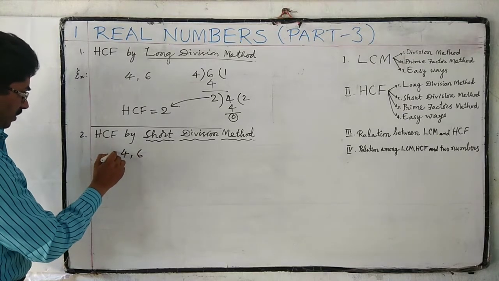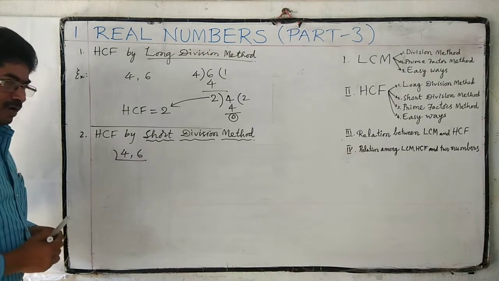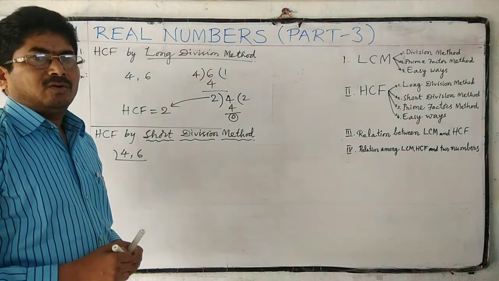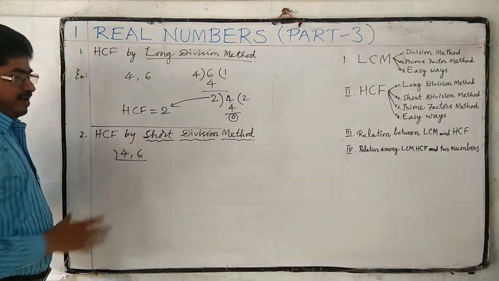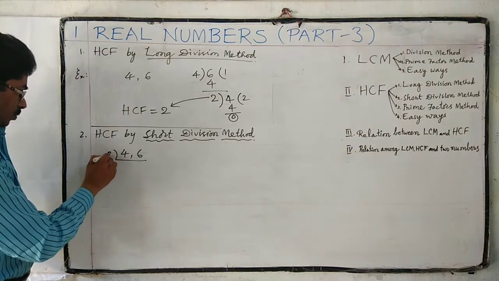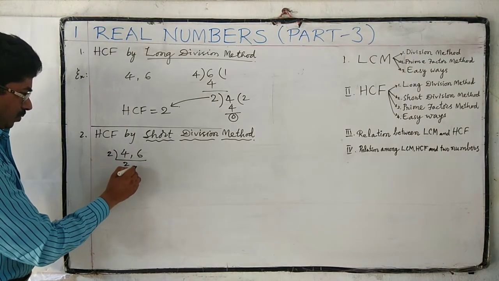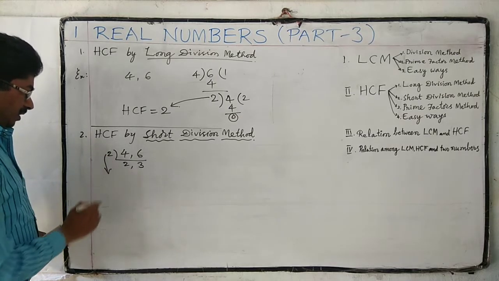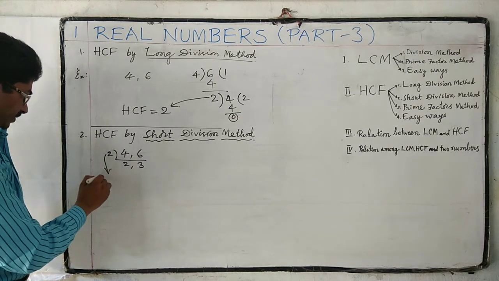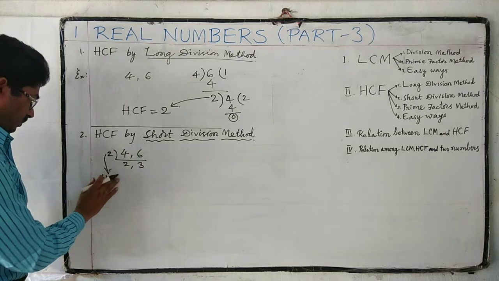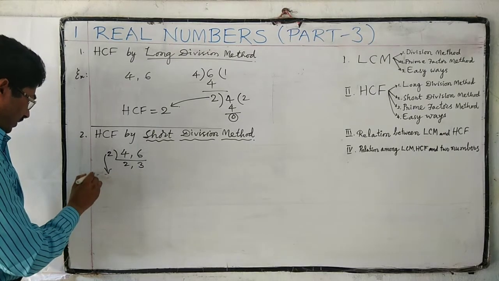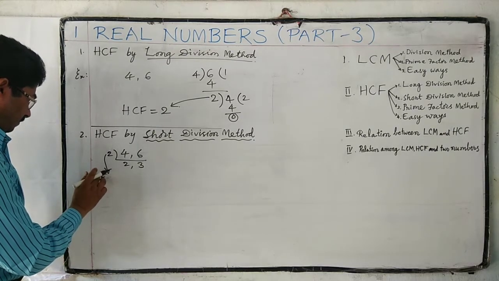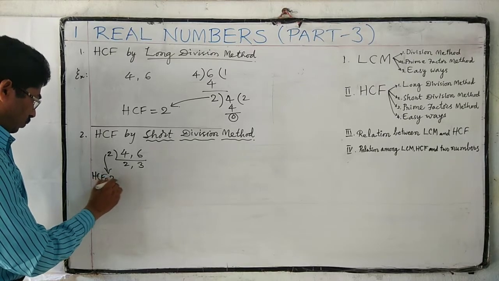Simple. We have to divide by a common factor. 2 twos are 4, 2 threes are 6. Take only that divisor as the HCF. So HCF is 2.